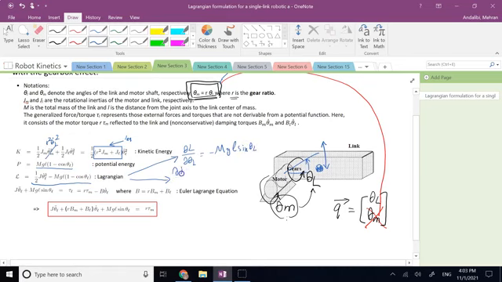And the partial of this Lagrangian with respect to theta dot L is going to be, as you can see, J times theta dot L. Right? And then the time derivative of this, minus the partial of L with respect to theta L, so minus this term, which is going to be plus mgl sine theta, this term.